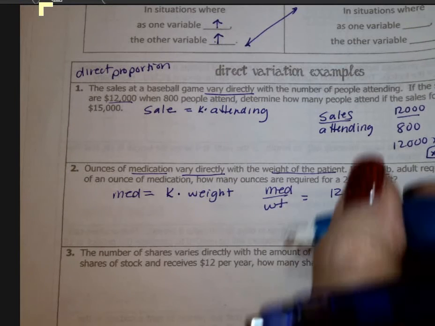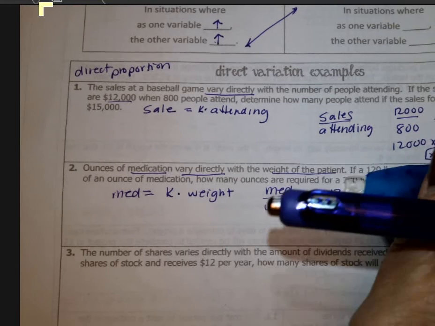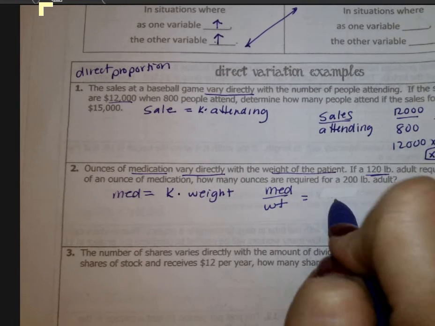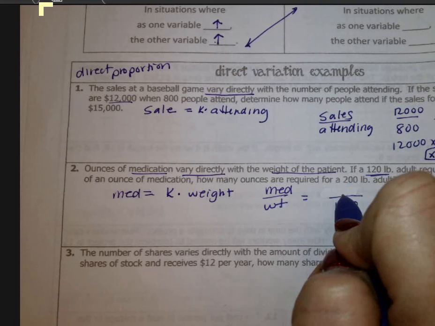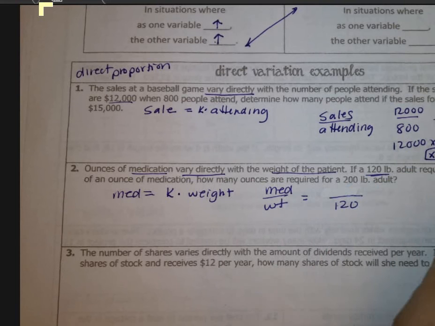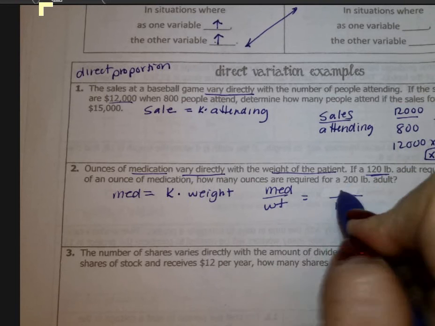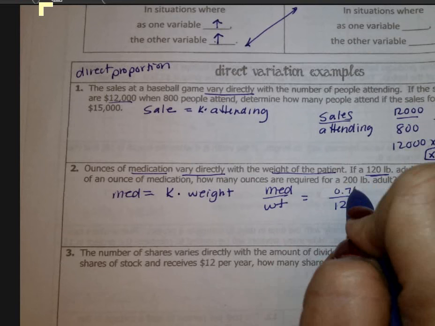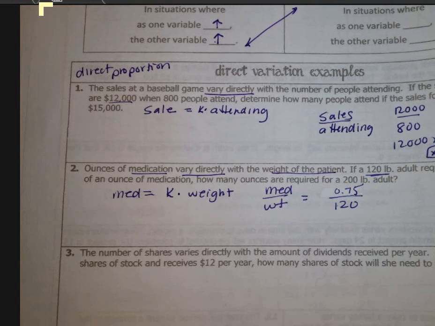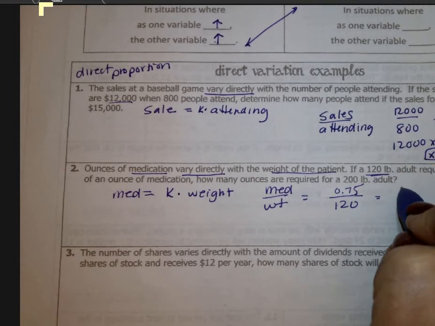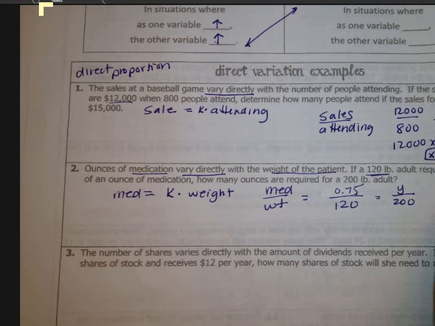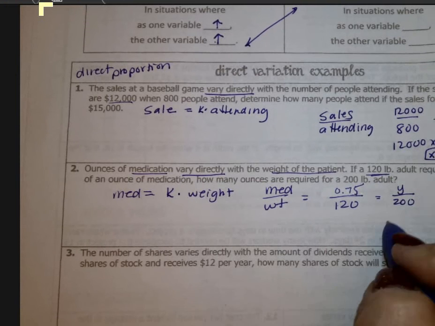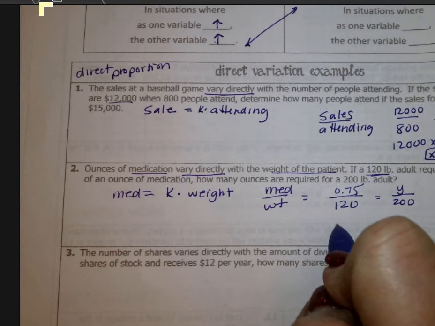So my weight was 120 pounds, requires 3/4 of an ounce of medication. 3/4 of an ounce is 0.75 when we're looking at a decimal. All I did was divide the 3 by the 4. Now, how much for a 200 pound adult? How much meds is my Y?